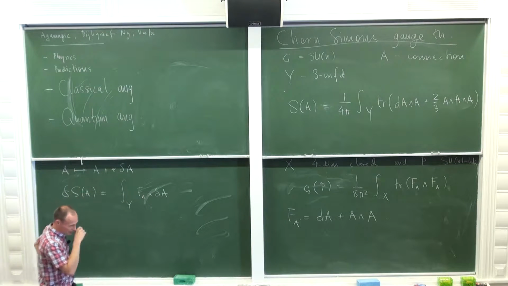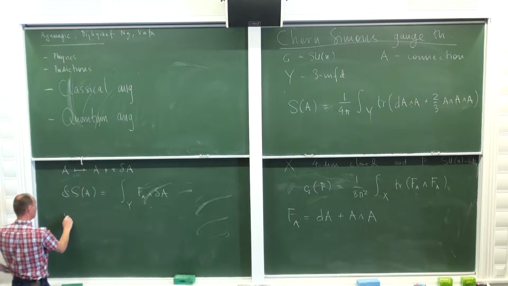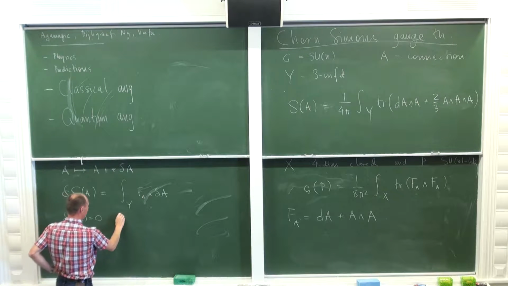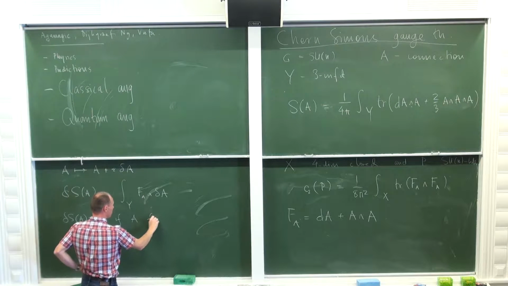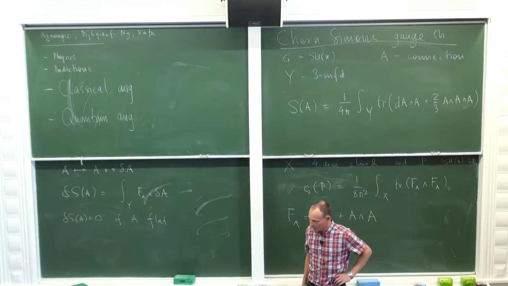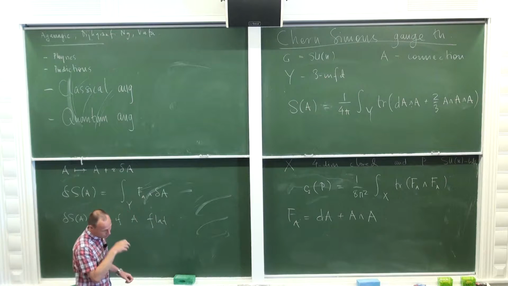So we find that the variation is 0 if A is flat. This is also a basic fact about the Chern-Simons function, so far nothing very fancy.